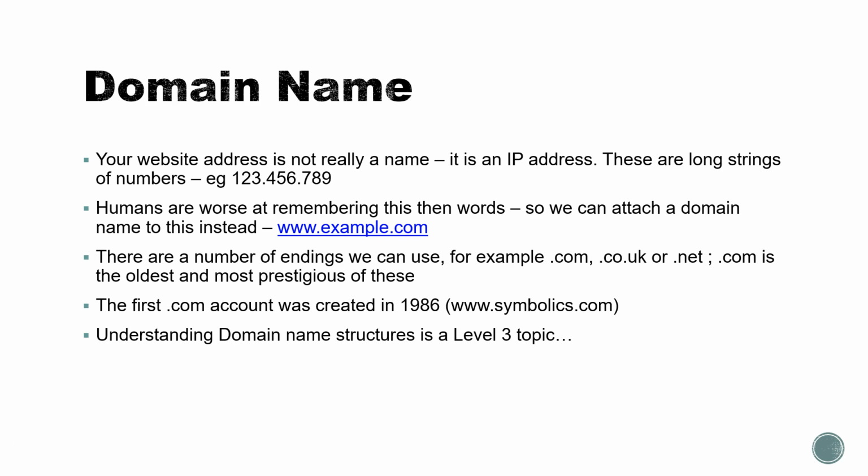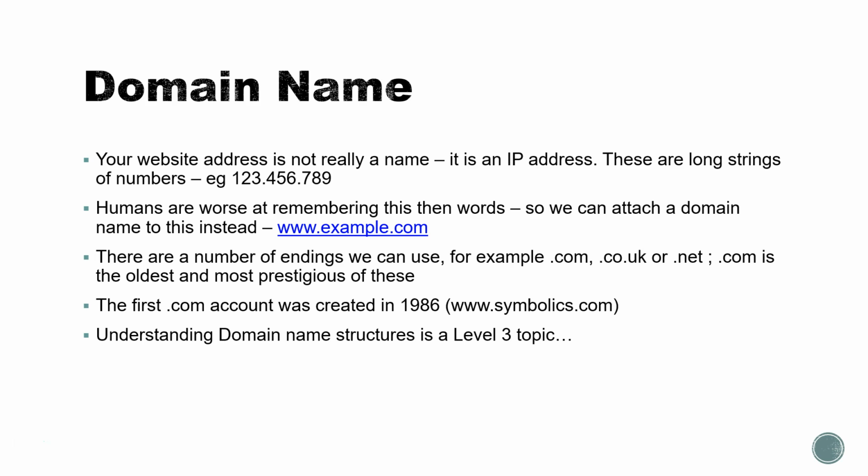The first .com account, so .com is the most prestigious one. It is known worldwide, and it's what we call a top level domain. Again, the whole issue about top level domains is a level 3 topic, to be brutally honest with you.